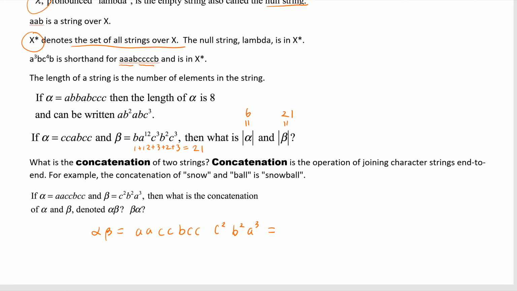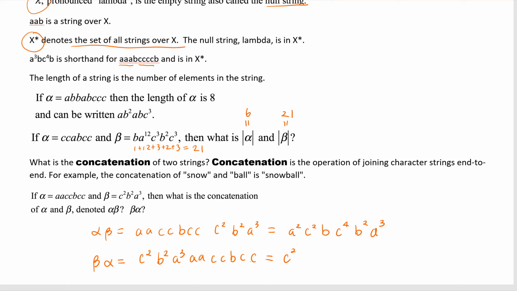Let's use the shorthand notation. So that is A squared C squared and then B, and here this is C to the 4th, B squared A cubed. This is alpha concatenated with beta. How about beta alpha? That's beta first, so C squared, B squared, A cubed, and then we have ACCBCC.